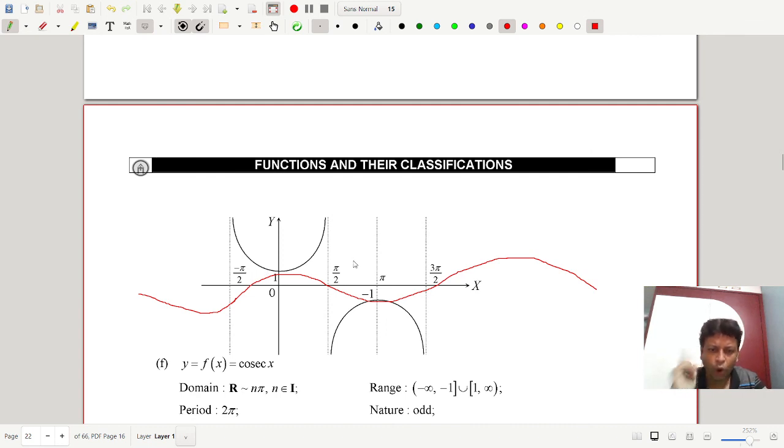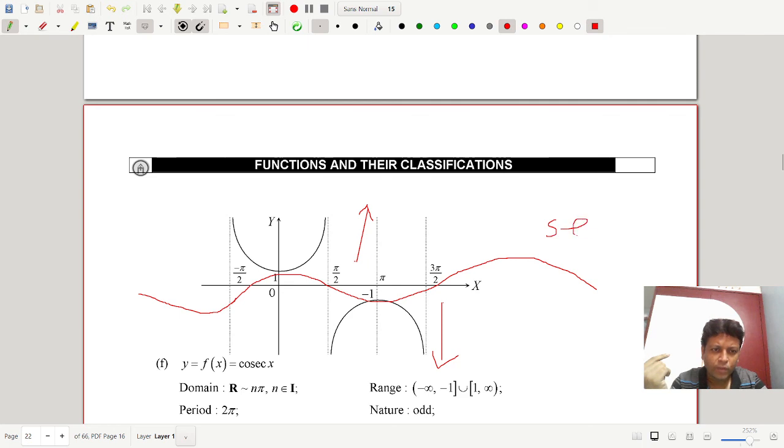And one important observation, what is the range? Look at that: from 1 to infinity and minus infinity to minus 1. There is no lower bound, but it will start from minus 1. There is no upper bound, but it will start from 1.